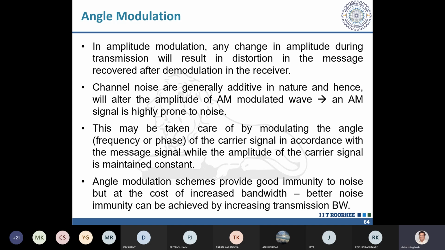So if at some point the amplitude is received to be high, then it will know that this is due to noise only, because the message has not changed the amplitude, because it is a different modulation scheme. So here the amplitude of the carrier signal is maintained constant, and the frequency or phase will be modulated in accordance with the message. So that gives you a good immunity to the noise.